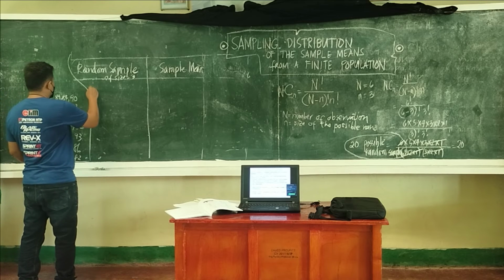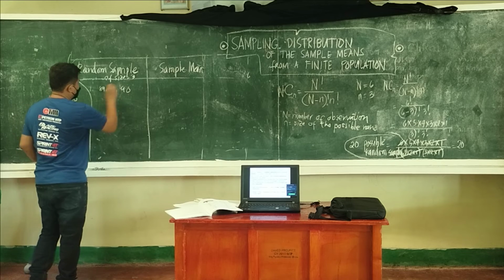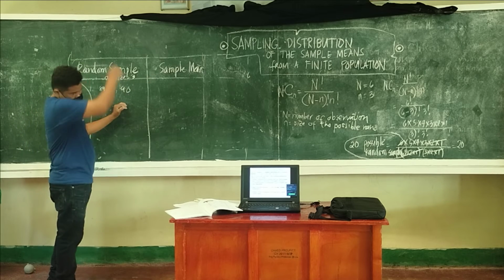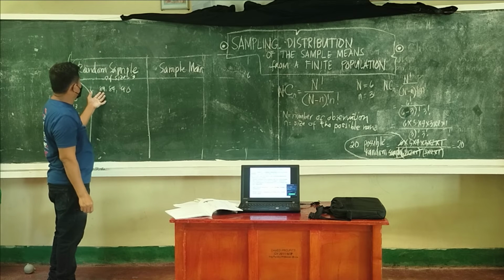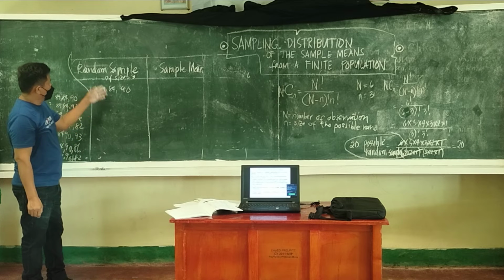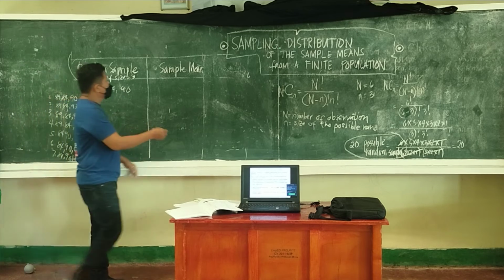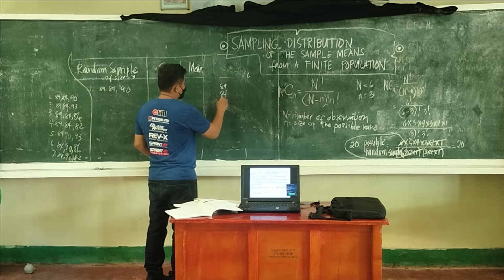For number 1, we have 89, 84, 90. For the sample mean, we are going to add the values of the sample of size 3. So for random sample number 1, 89, 84, 90, we add 89 plus 84 plus 90.